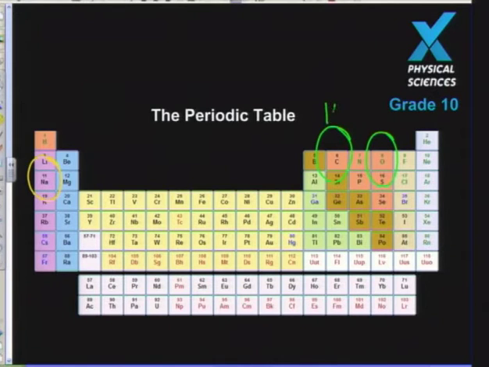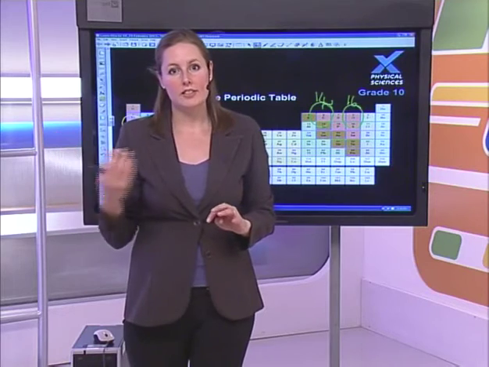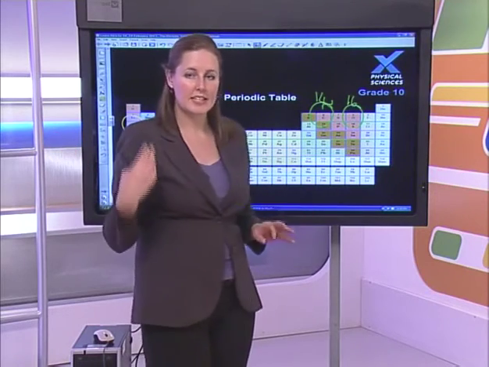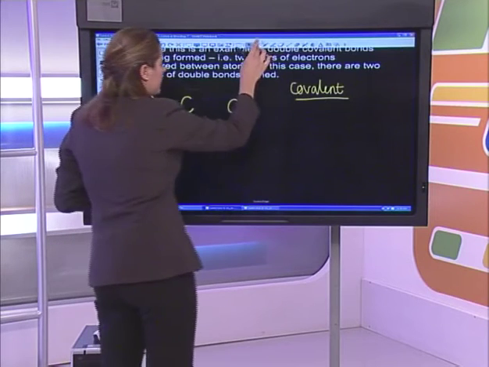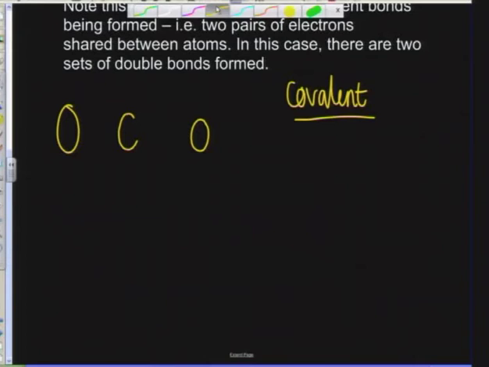Carbon is in group 14. Sorry, oxygen is in group 16. So 14 would mean 4 valence electrons. Oxygen is in group 16, so 16 minus 10 will give me 6 valence electrons. Let's go and fill those in immediately on my page.